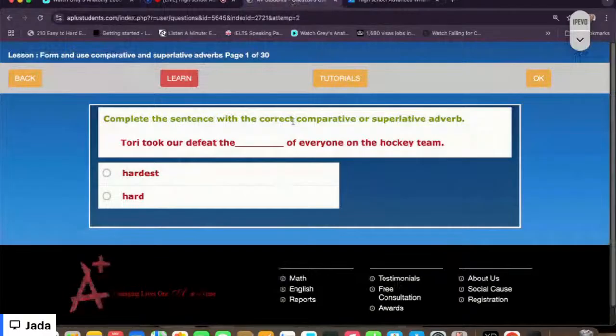All right, so complete the sentence with the correct comparative or superlative adverb. Tori took the defeat the dash of everyone on the hockey team. Hardest or hard?